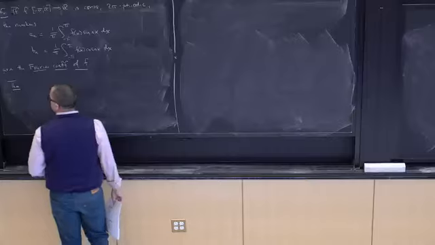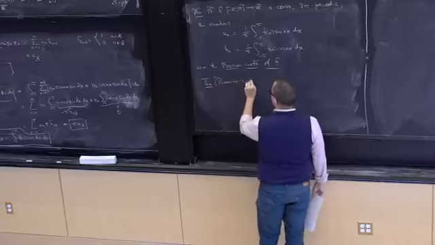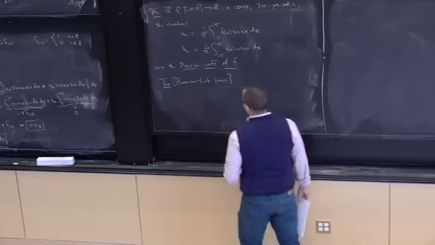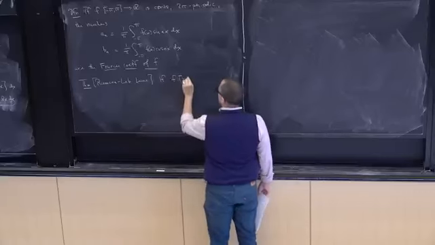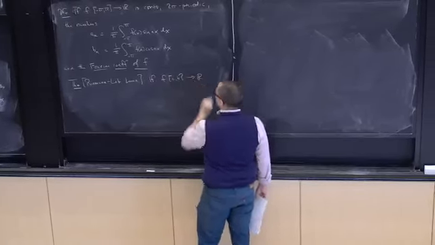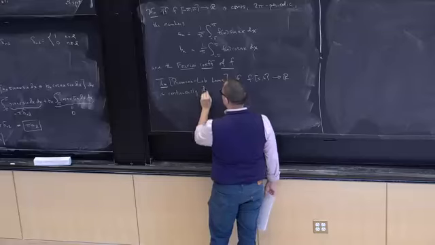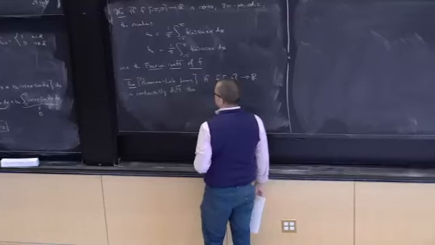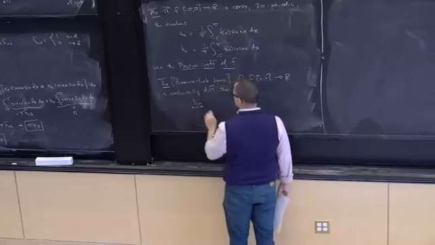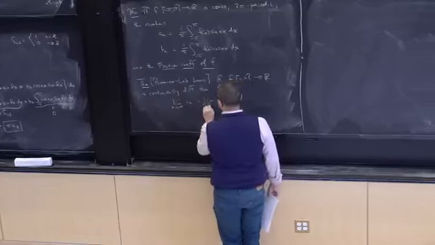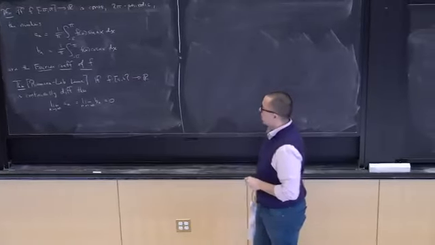I'm just going to state it this way right now, which is the following: if f from [a, b] to R is continuously differentiable, then the limit as n goes to infinity of a_n equals the limit as n goes to infinity of b_n equals 0.